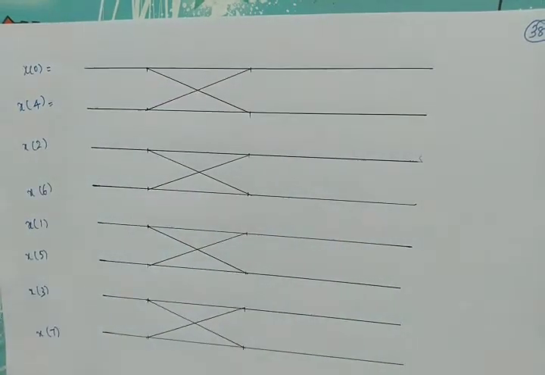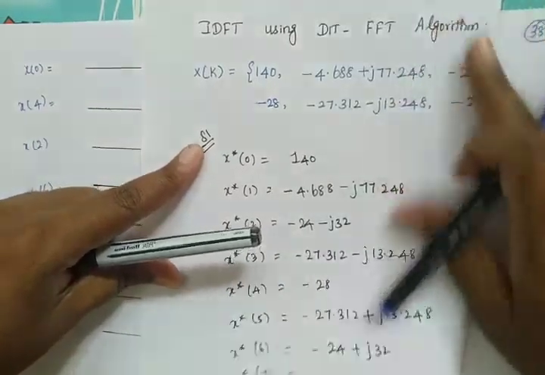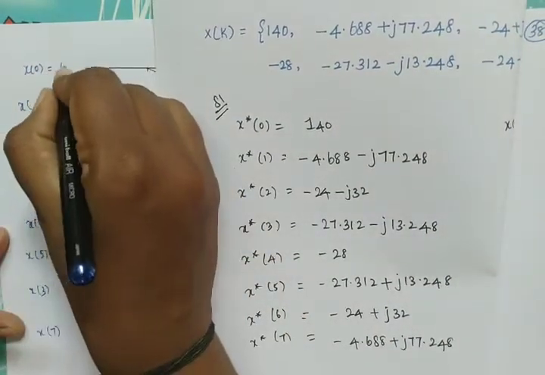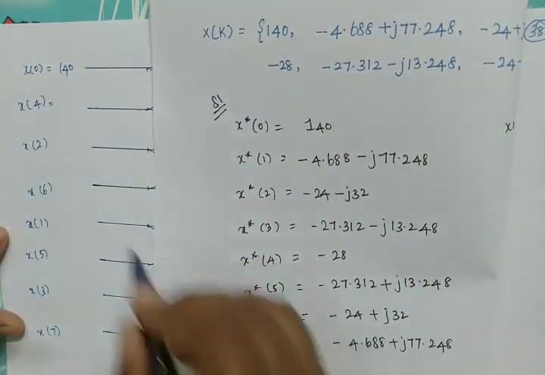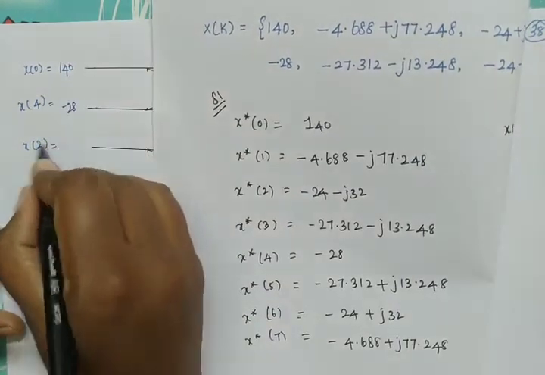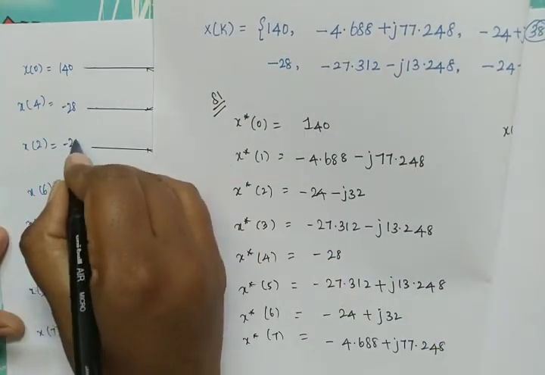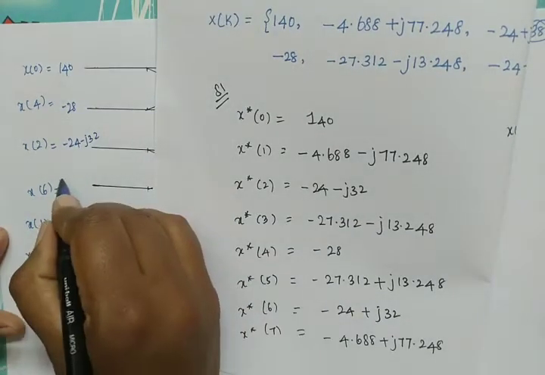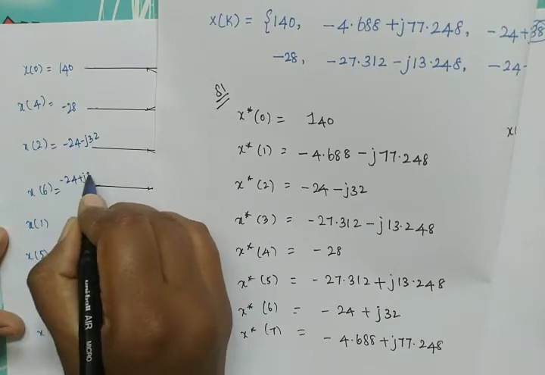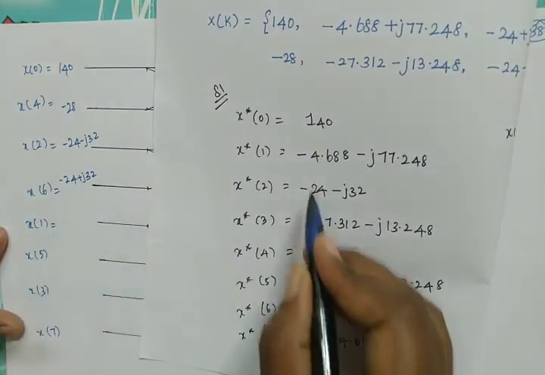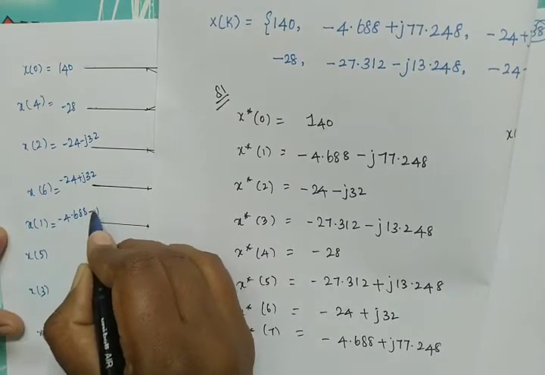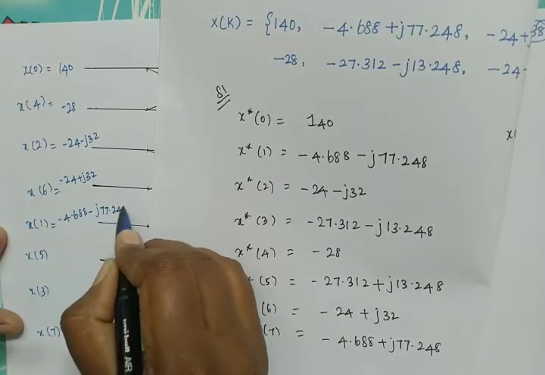Now write the values, that is, copy the values from the previous step. What is x of 0? x of 0 is 140. What is x of 4? It is equal to minus 28. What is x of 2? Minus 24 minus j 32. What is x of 6? Minus 24 plus j 32. What is x of 1? Minus 4.688 minus j 77.248.